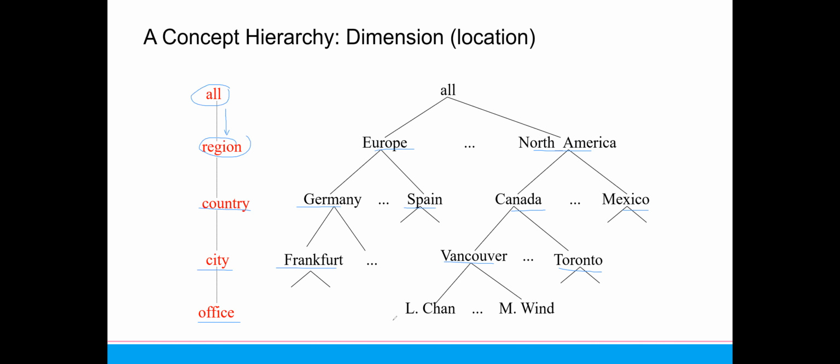For example, who is in charge in Vancouver? Maybe this is the office in one city, in one branch of Vancouver. It is the second branch. This is the person who is in charge in the city and in the office, and so on.